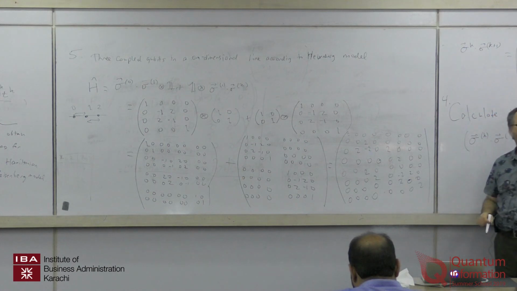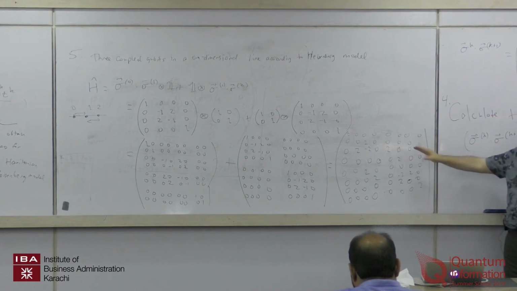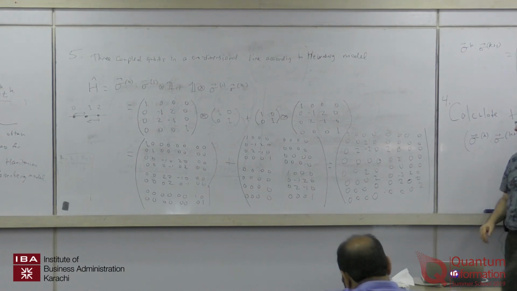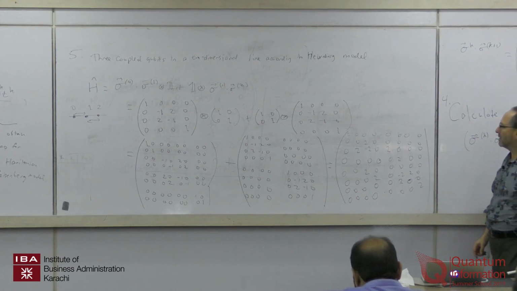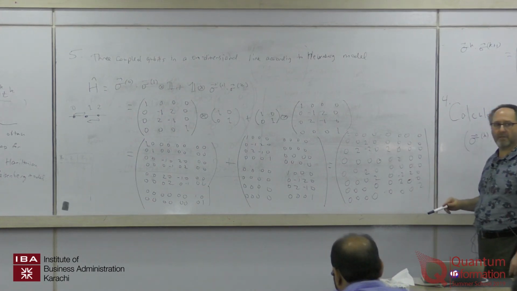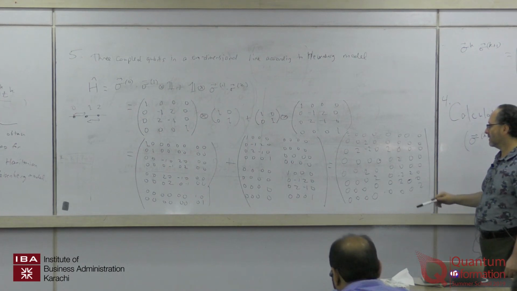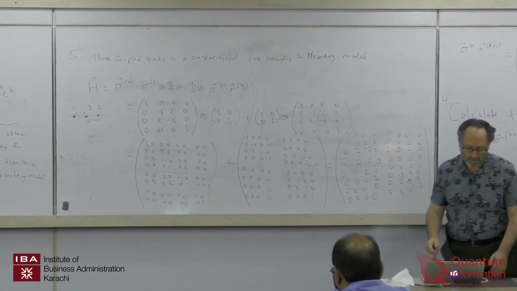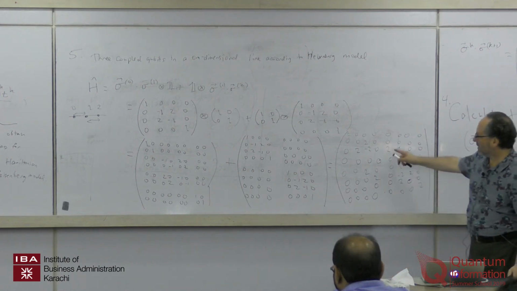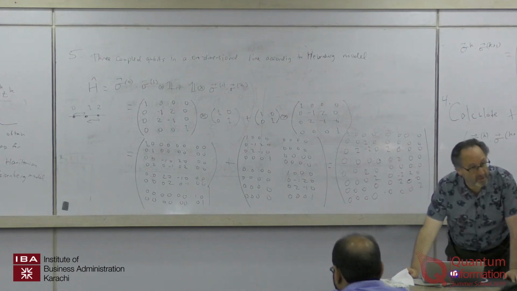Do you think that's right? Okay, check. Is it Hermitian? If you take the transpose, do you get the same matrix? We've got 3 non-zero elements here, 3 there. 2, minus 2, yeah. And this is what I gave you in class, remember?